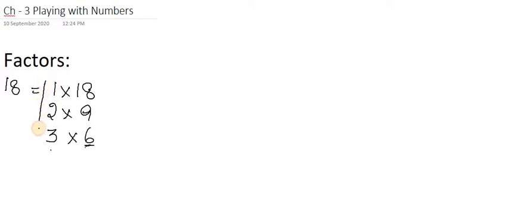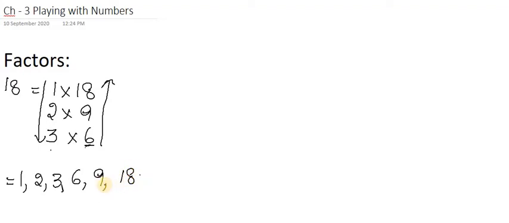Now how to write? First you write from up to down: 1, 2, 3. Now you write from down to up: 6, 9, 18. If you observe properly, you will get 1 for all the numbers, and whatever number's factors you are finding, it should be the highest factor.